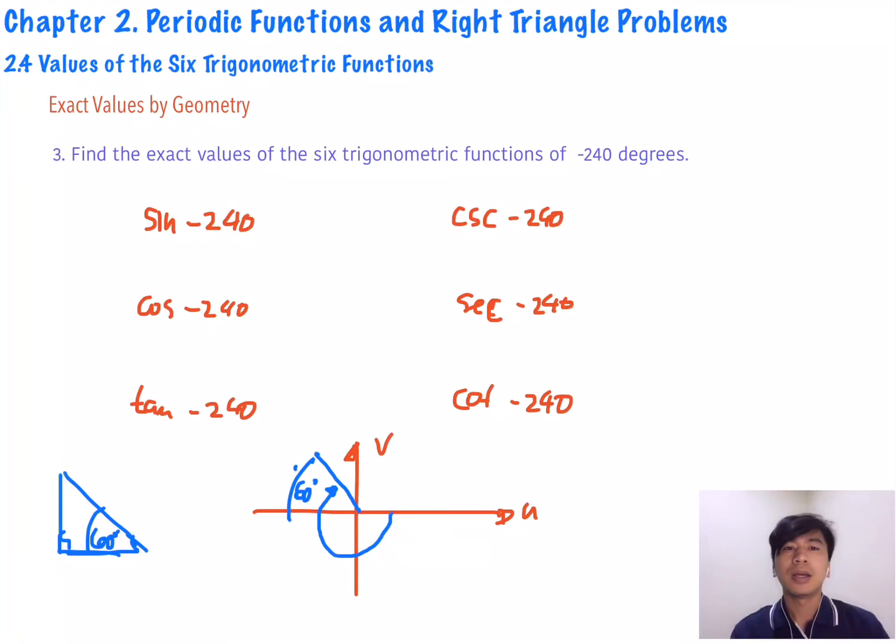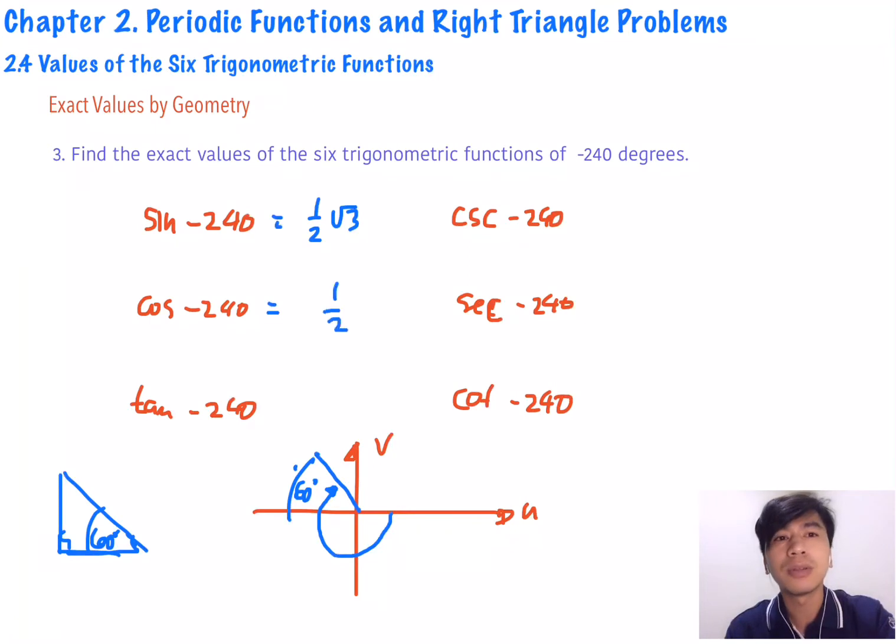Of course, we already know that sine of 60 degrees is equal to half square root of 3, and cosine of 60 degrees is equal to half. But let's try to answer sine and cosine first. Is this true?